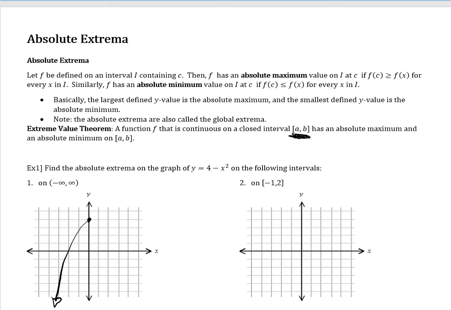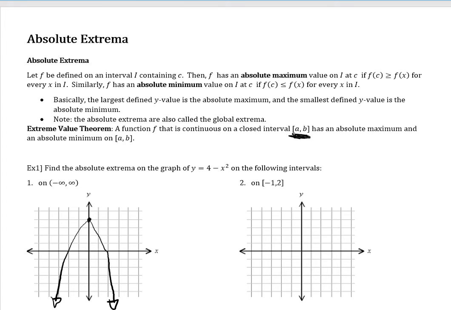Something like this. It's difficult to draw with the computer pen, but it doesn't have to be perfect. So there's our parabola. It is one that opens downward.